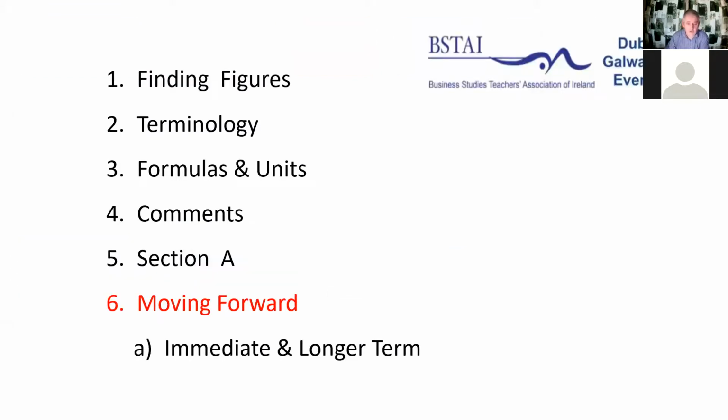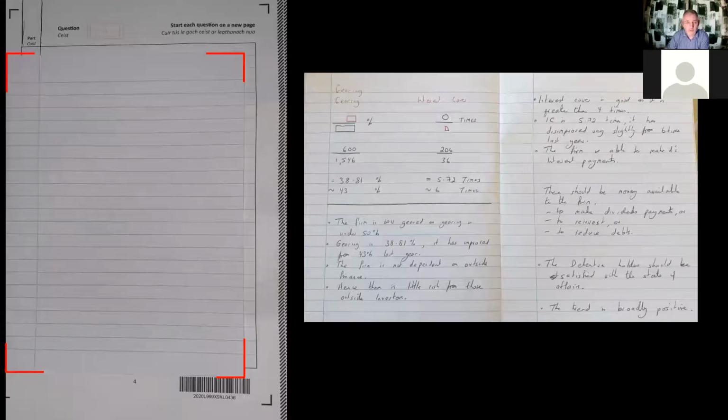Okay, we're nearly done. Moving forward. The immediate thing, of course, is the new answer book. I have an answer book here, and on top of it I have overlaid a page from a copybook. I dropped those red lines in and moved the copybook very slightly so that it's not hiding the lines of the answer space. It is identical in size.